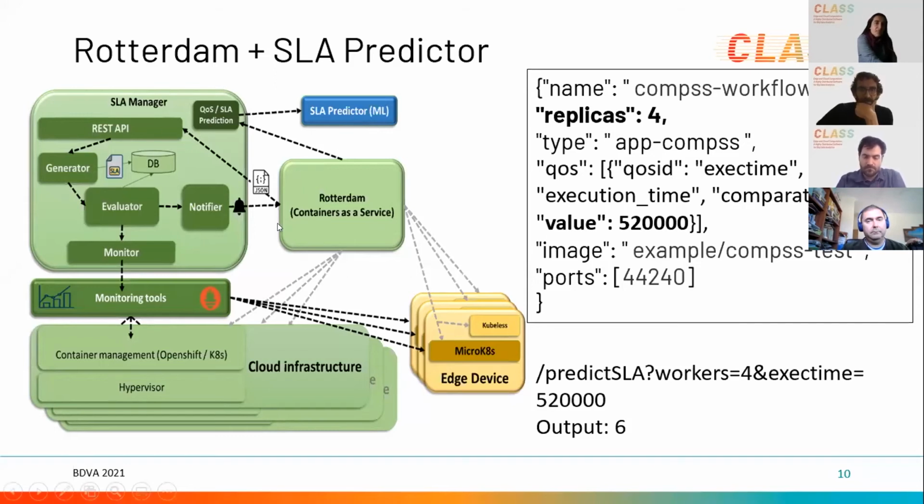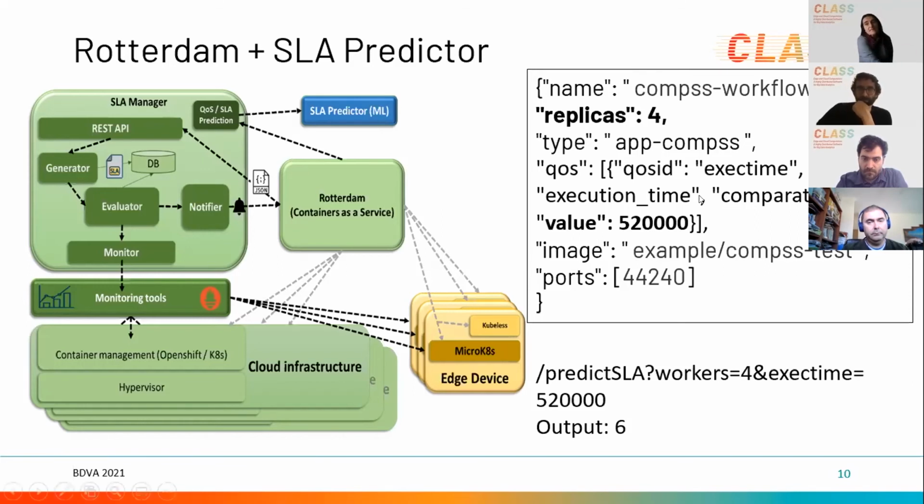In this case, before creating the agreement, the SLA manager is going to ask the SLA predictor, with the information of the initial number of workers and the expected execution time, and based on previous executions. Actually it is a machine learning model that is trained. Based on this model, it is going to reply with the optimal number of workers to fulfill the tasks without having to scale.